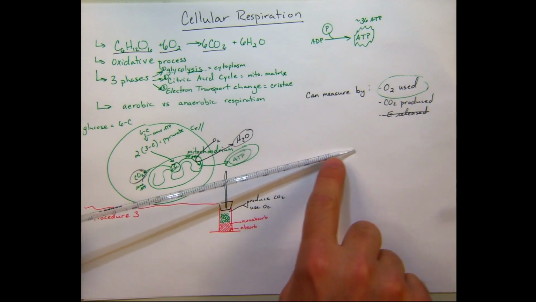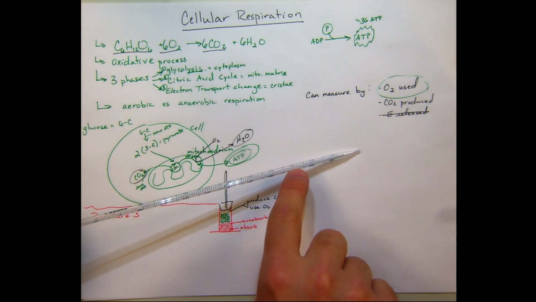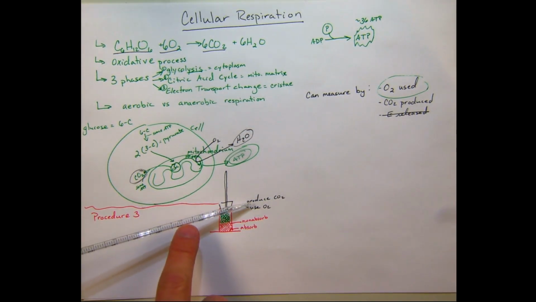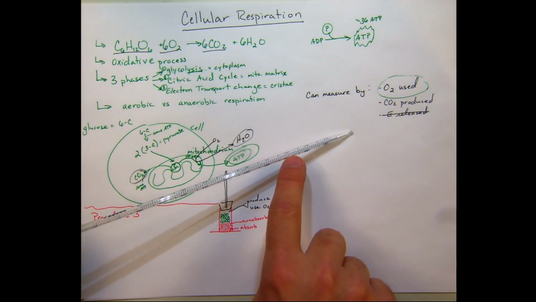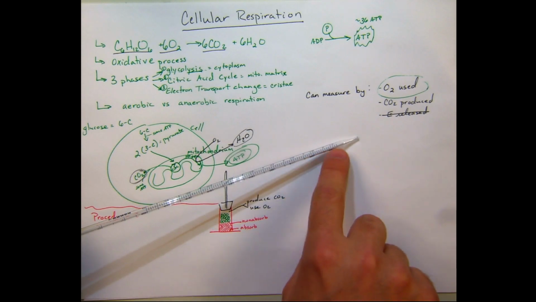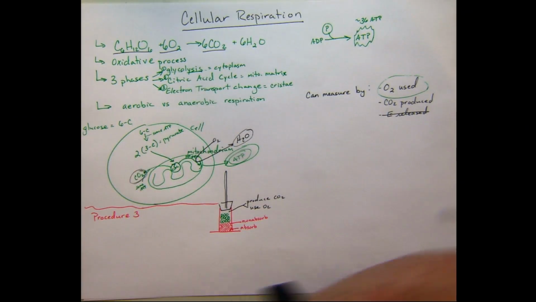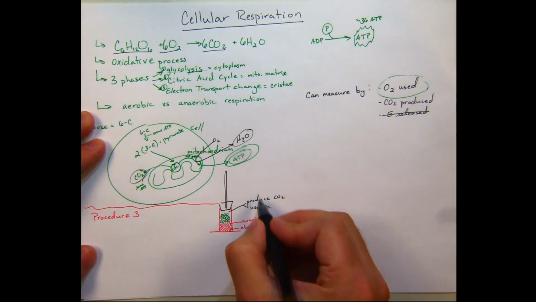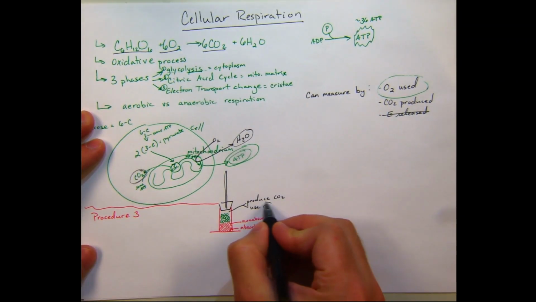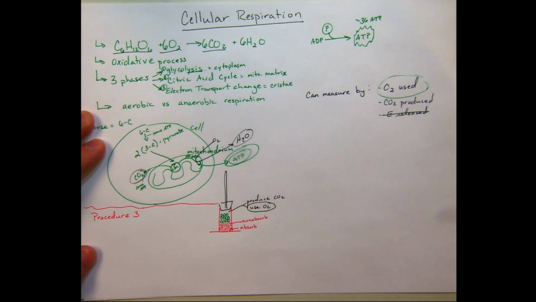It's a 1 millimeter pipette, excuse me. But the problem is, if carbon dioxide is produced by these peas, which they should be, that would push it out. So there's a problem. We don't want to know how much carbon dioxide is produced. We only want to measure this for this procedure.